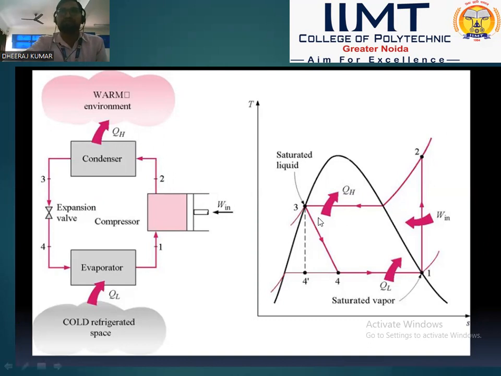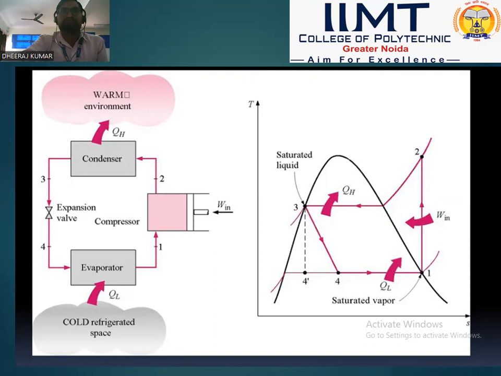Process 2 to 3 is a constant pressure heat rejection process. During heat rejection, the refrigerant rejects its sensible heat and latent heat of vaporization. The superheated vapor refrigerant is converted into saturated liquid refrigerant at the end of the condenser.